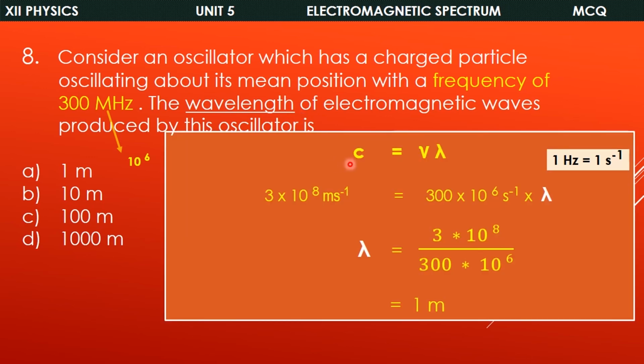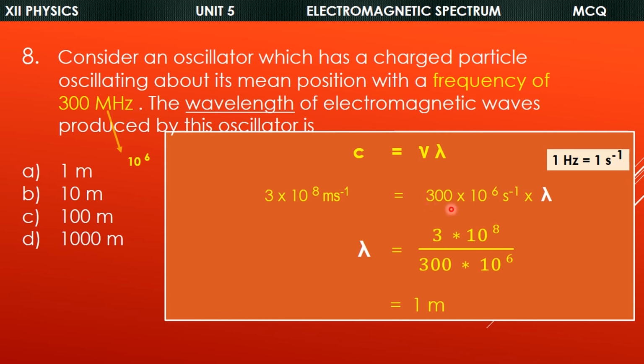We know that the velocity of light is given by c is equal to nu lambda. The velocity of light is a constant. It is 3 into 10 raised to 8 meter second minus 1. The frequency nu is given. It is 300 megahertz.